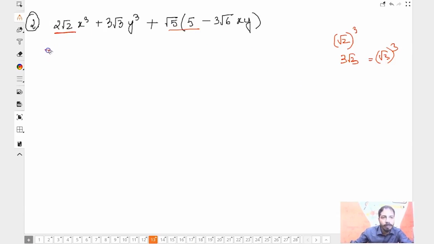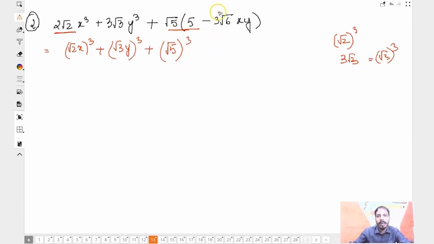So now if I break it down, I can write this as (root 2 x) whole cube plus (root 3 y) whole cube. And this 5 root 5, I can write it as (root 5) whole cube, because if I multiply this, I get 5 root 5. And here I will get minus 3 into root 6 into root 5 xy.